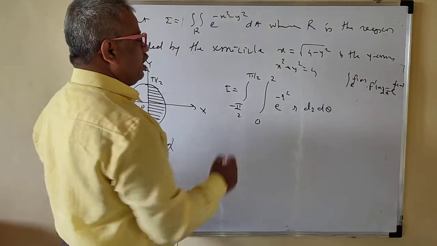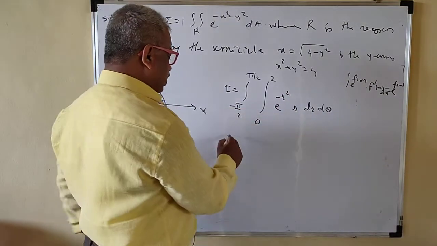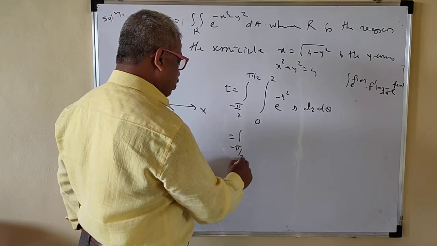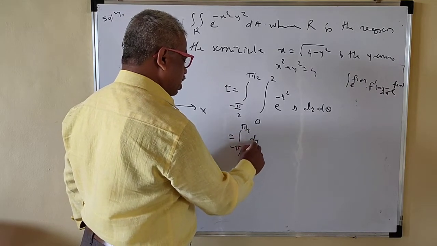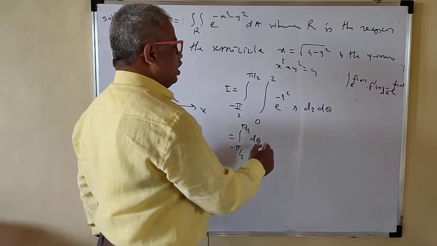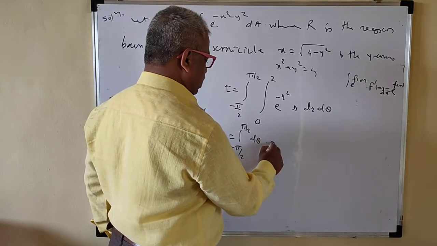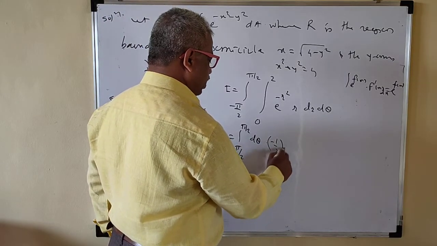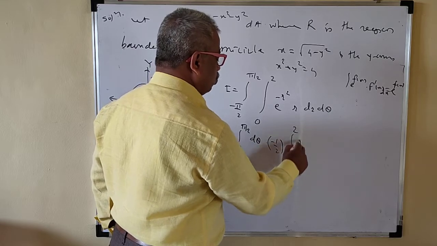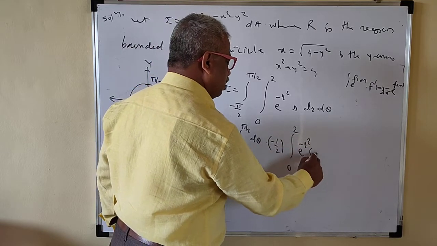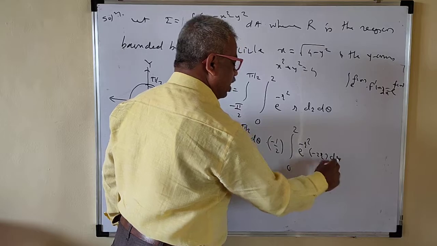This is only a function of r, so you may separate this: theta from minus pi by 2 to pi by 2, directly you can write this. And here I can write minus 1 upon 2, integral from 0 to 2 of e raised to minus r square times minus twice r dr.